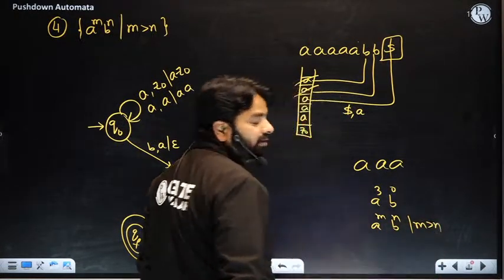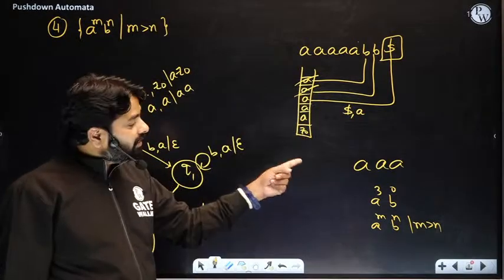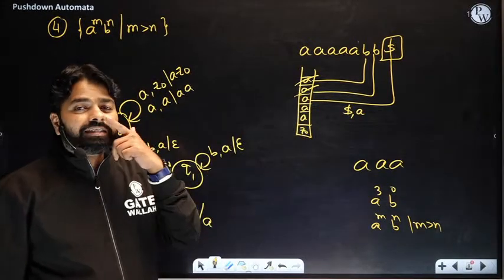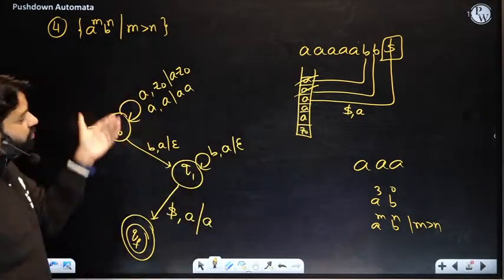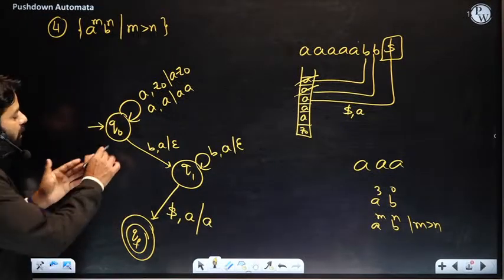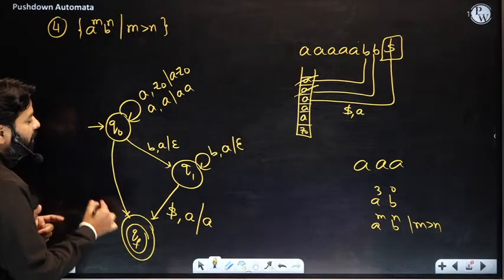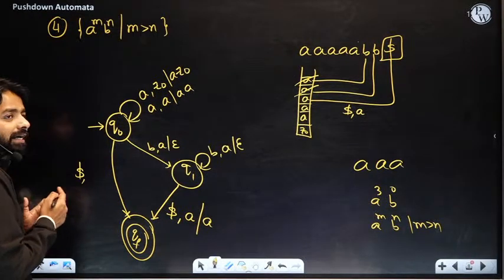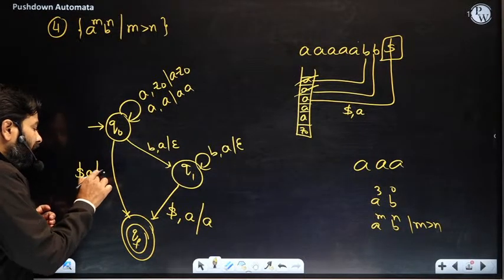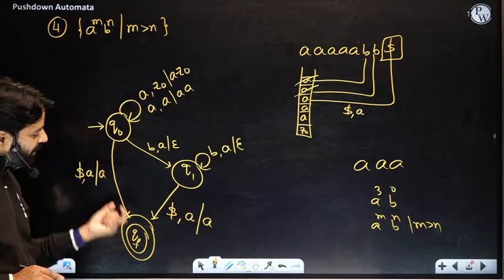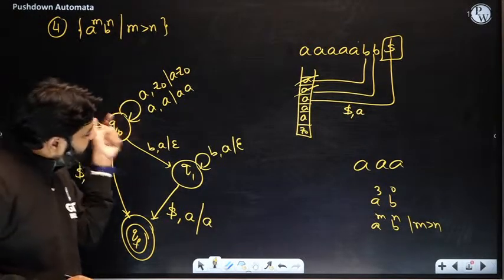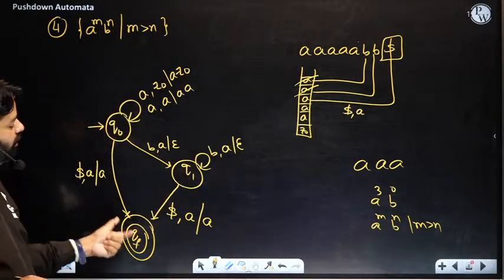That means without B's the string is also valid. So if you push A's and after the A's dollar comes, you should go to final. When dollar comes, how do you know that A's are more? Dollar comma A means only A's happened, so I'm going to final. Here A's and B's both happened, but still A's are more, so you're going to final.